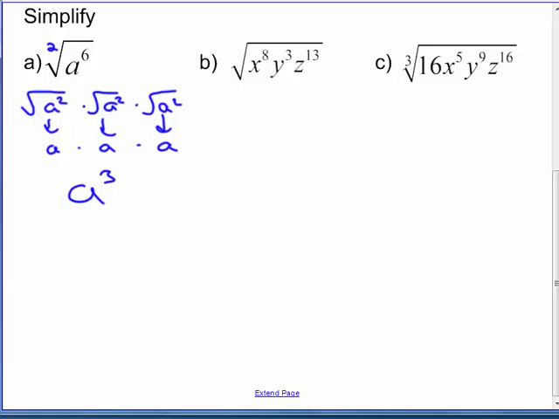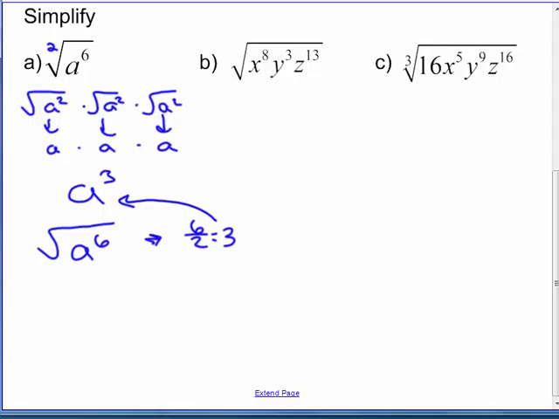Now, the shortcut is, I have 6. 6 divided by 2 is 3. So how many pairs can I take out? I could take out 3 of them. That's where I get the a to the third from.